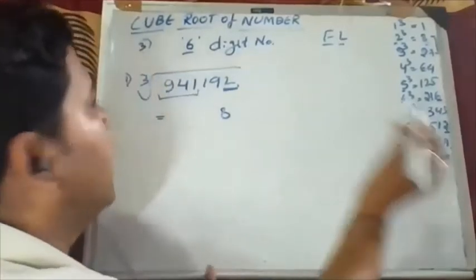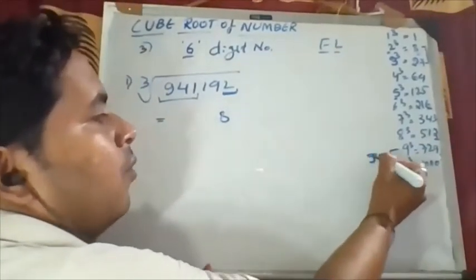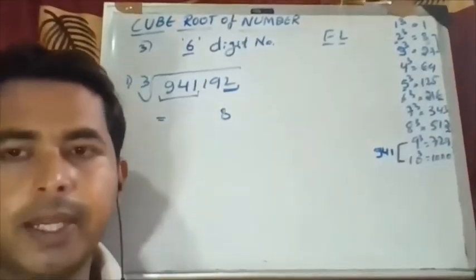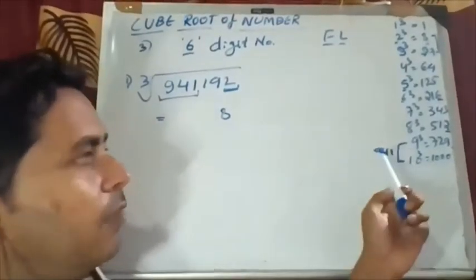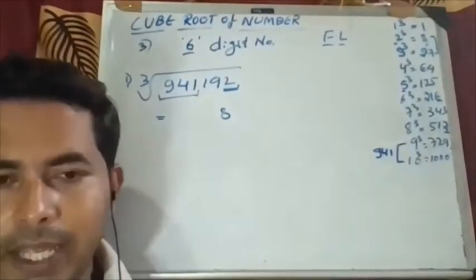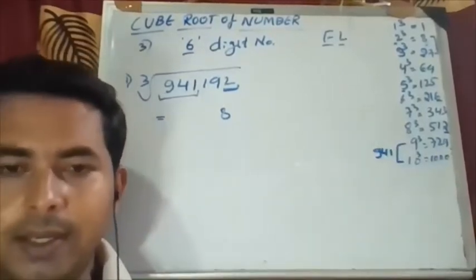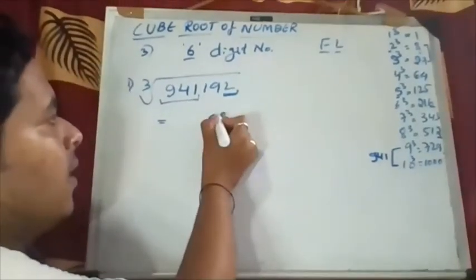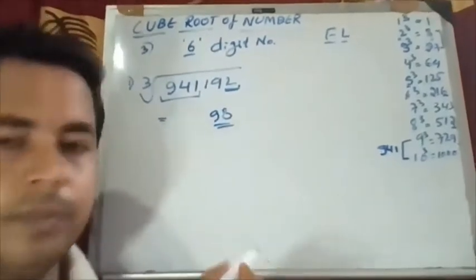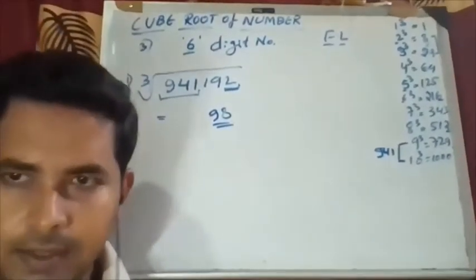So your 941 lies between them, and as I said in the rule, consider the smallest number, which is 729. Its cube root is 9. So your first digit will be 9 and your answer will be 98.